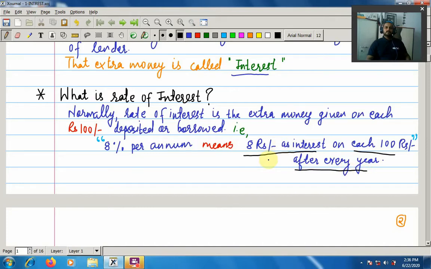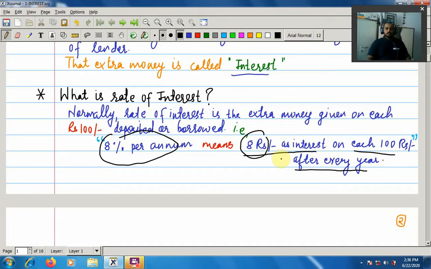So if I deposit 100 rupees in some bank which decided to give 8% interest per annum, how much extra money will I get for that 1 year? I'm going to get 8 rupees on that 100 rupees.